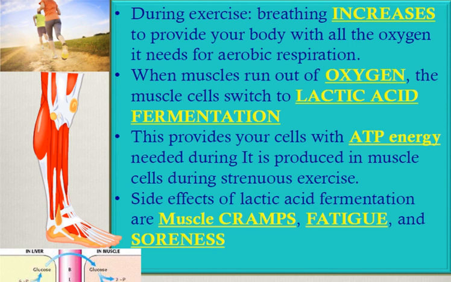However, when your muscles run out of oxygen, too much exercise, very strenuous, you go to your secondary source of energy production with lactic acid fermentation. So you get a little bit of ATP, specifically only 2. And then at some point, you're going to be forced to stop because you're going to get cramping, you're going to be sore, and you're just going to be tired. And when you stop, you're not using as much ATP, and it gives your body time to deal with its oxygen debt, to get breathing going back to where it should and bring things back to normal.